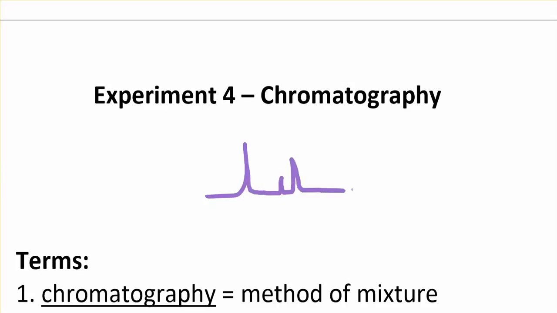Maybe you've been watching some crime show like a CSI or something like that, and on a computer screen or maybe on a printout, if it's an older one, you see something like this, and they say something like, this represents the gasoline that was found at the scene of the crime or at the scene of the fire, and this is the pattern of the gasoline found in somebody's garage, and therefore this gasoline from the crime came from the same place as this gasoline in the garage.